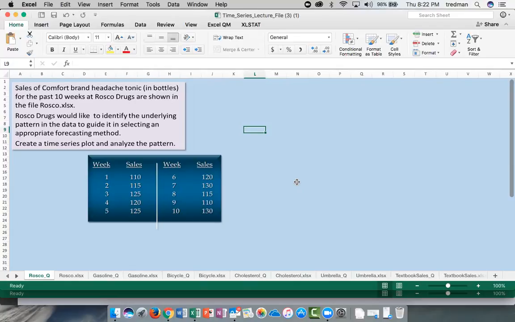So we'd like to analyze this pattern, but most importantly, let's compare it using a 3-week moving average, and then we'll compare that to using exponential smoothing with an alpha value of 0.4.